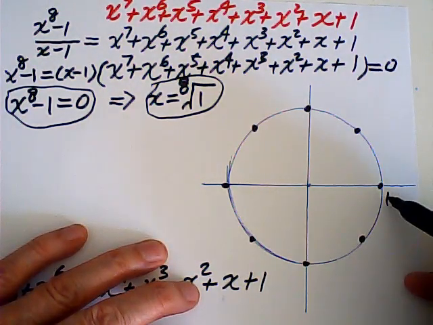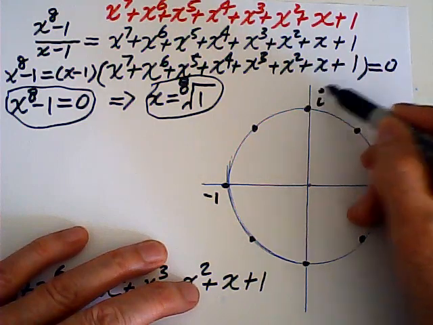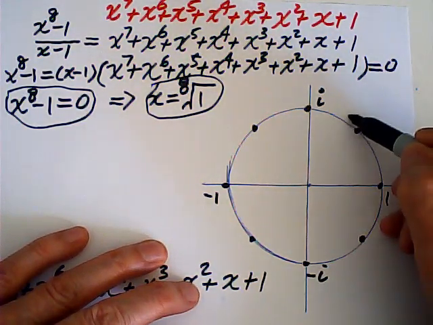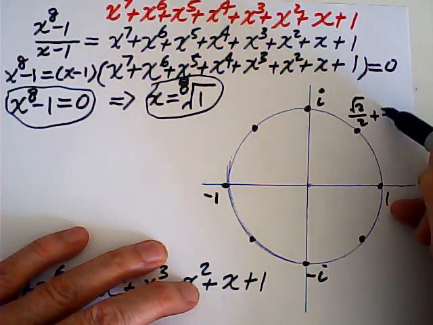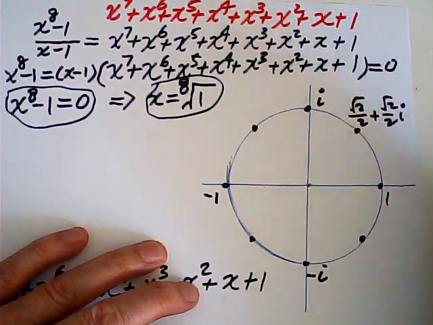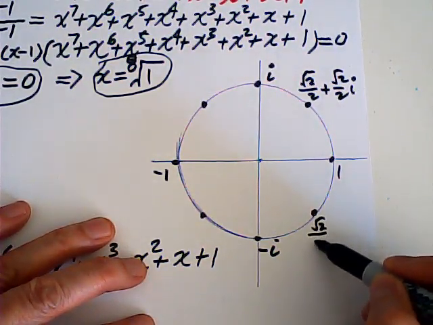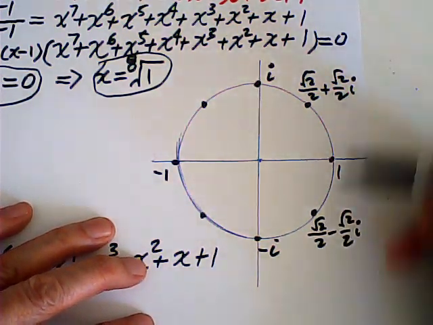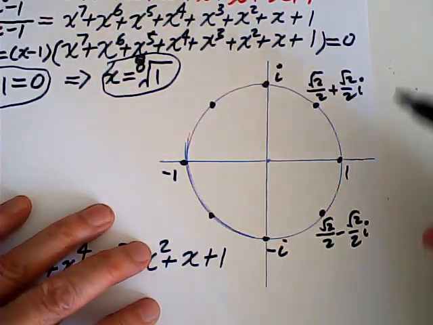Okay, this is 1, this is negative 1, this is i, this is negative i, and this one will be root 2 over 2 plus root 2 over 2 i. And this will be root 2 over 2 minus root 2 over 2 i. The roots always are paired as conjugates.